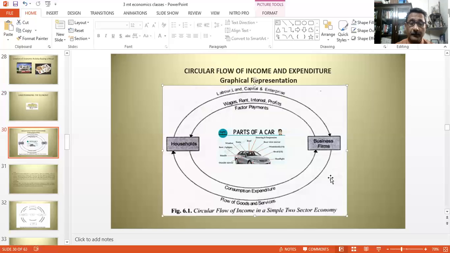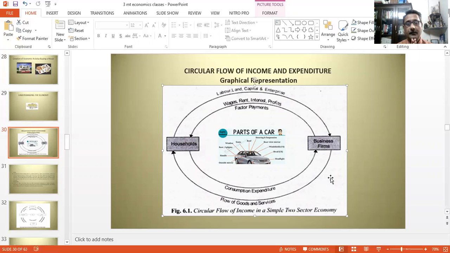And there are people who start this company itself, or start accessory enterprises which supply to the main firm. These are called land, labor, capital, and enterprise or entrepreneurs, and they are called factors of production.